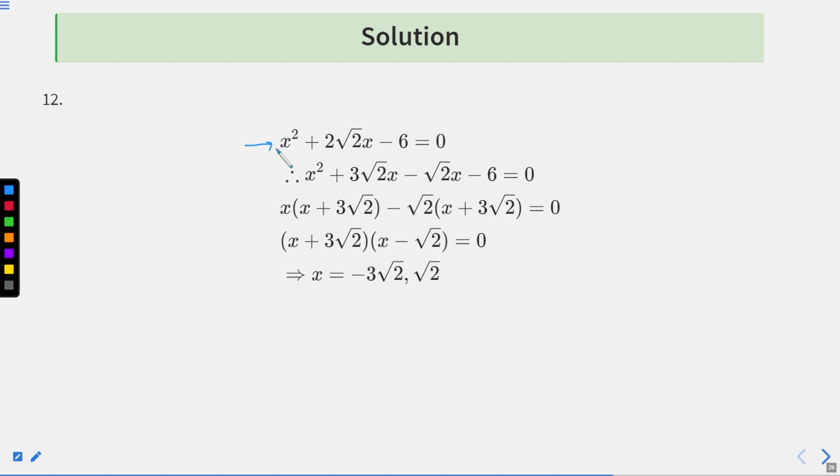So either x plus 3 times root 2 is equal to 0, or x minus root 2 is equal to 0. Here we get the values of x equal to minus 3 times root 2 and root 2. So the roots of this quadratic equation are minus 3 times root 2 and root 2.